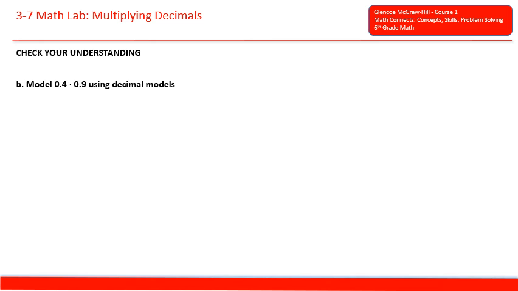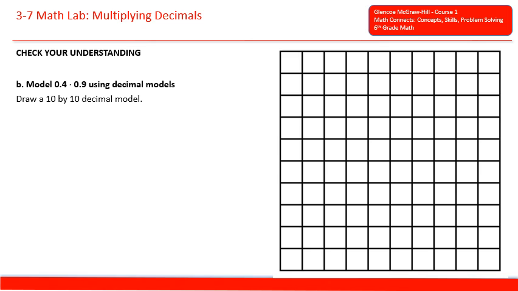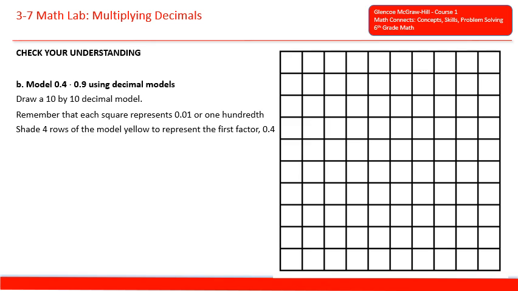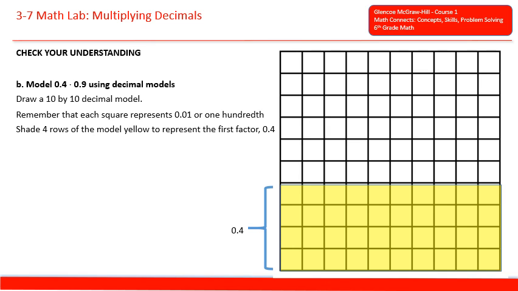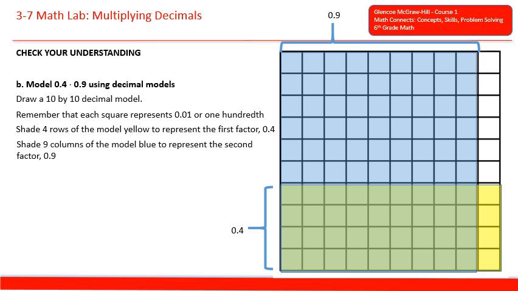Check your understanding. Model 4/10 times 9/10 using decimal models. So we drew the 10 by 10. Remember that blue square is 0.01 or 1/100th. And shade 4 rows of the model yellow to represent the first factor of 0.4 or 4/10. Then we're going to shade 9 columns of the model blue to represent the second factor of 0.9 or 9/10.